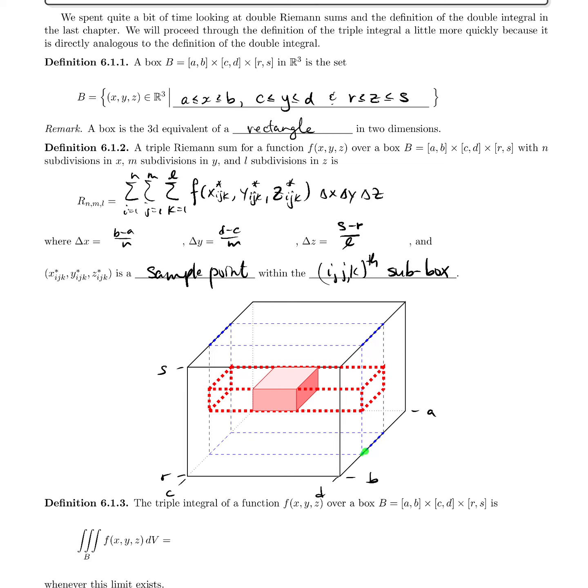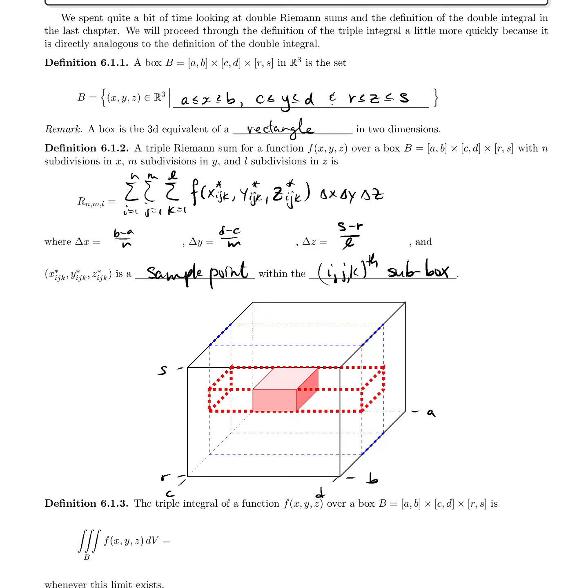So if we take just a subdivision in x, well, we get a big old slab. And if we take a subdivision in z along with x, well, then we get a bar. And if we also add a subdivision in y, well, that bar gets split up into a sub-box.